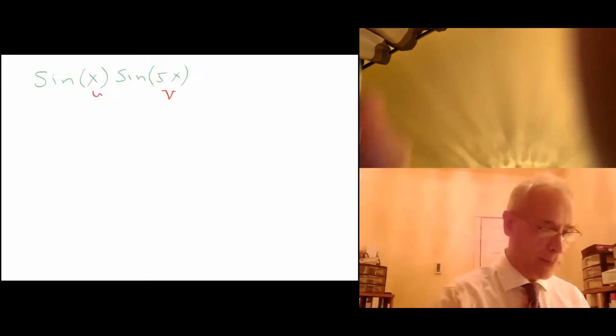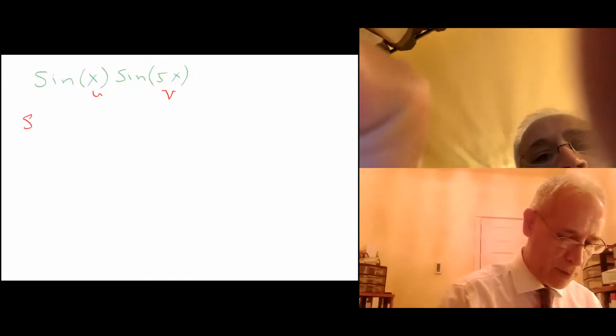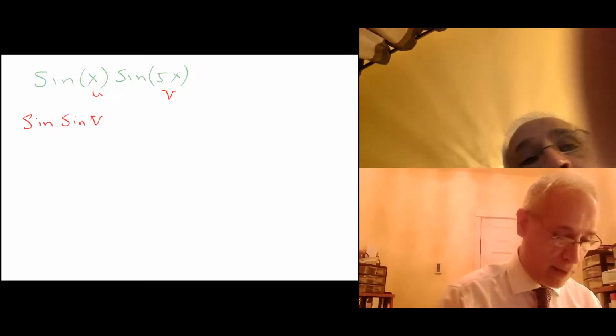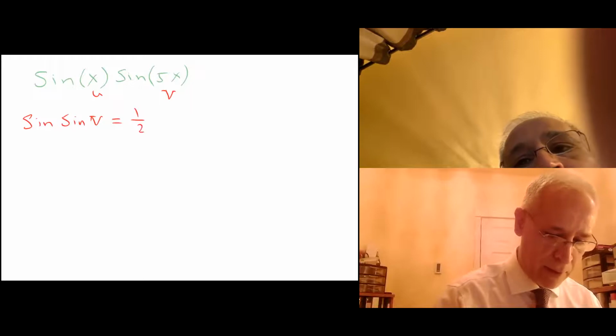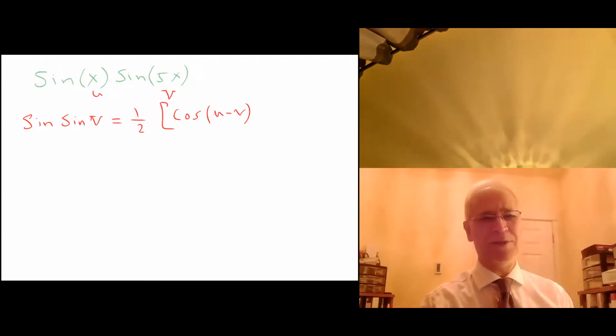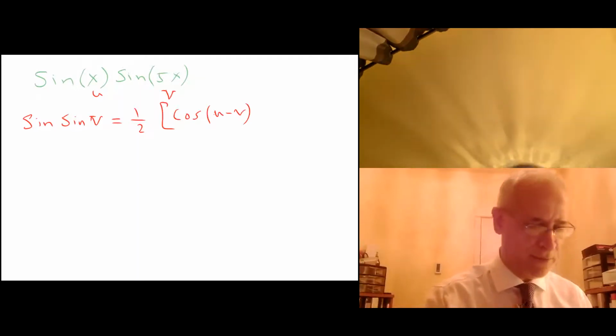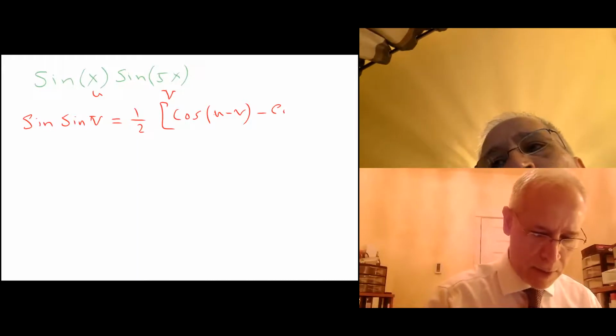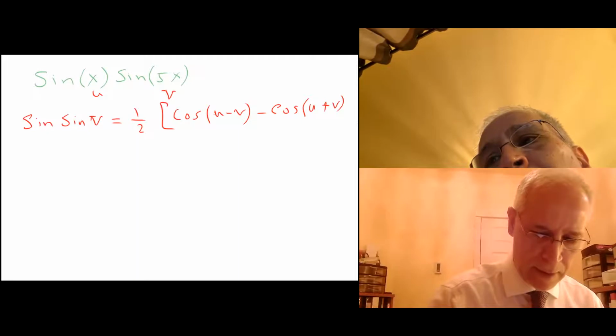What's the formula? Sine of u times sine of v, the formula is 1/2 cosine of u minus v. The proofs are in your textbook, and you don't need to memorize the proofs. Minus cosine of u plus v.